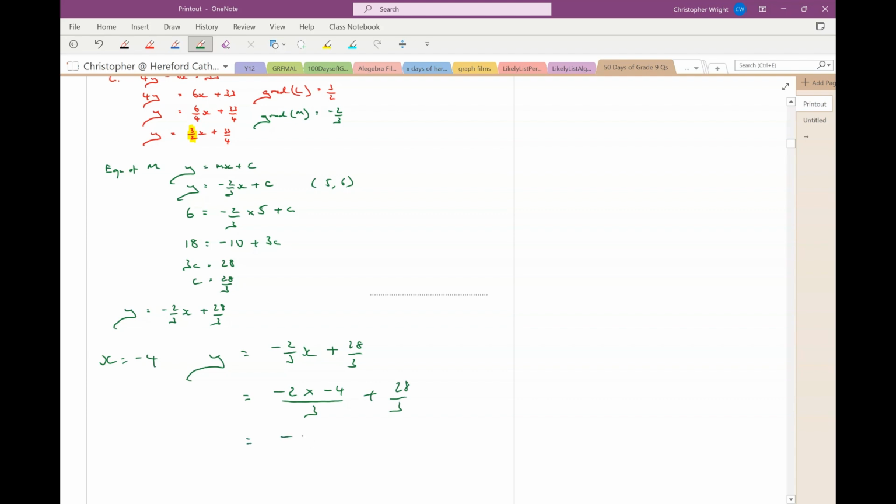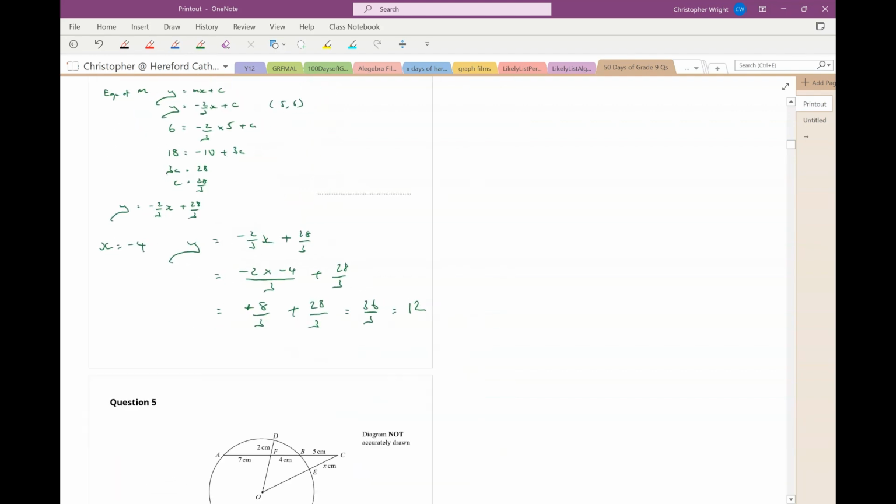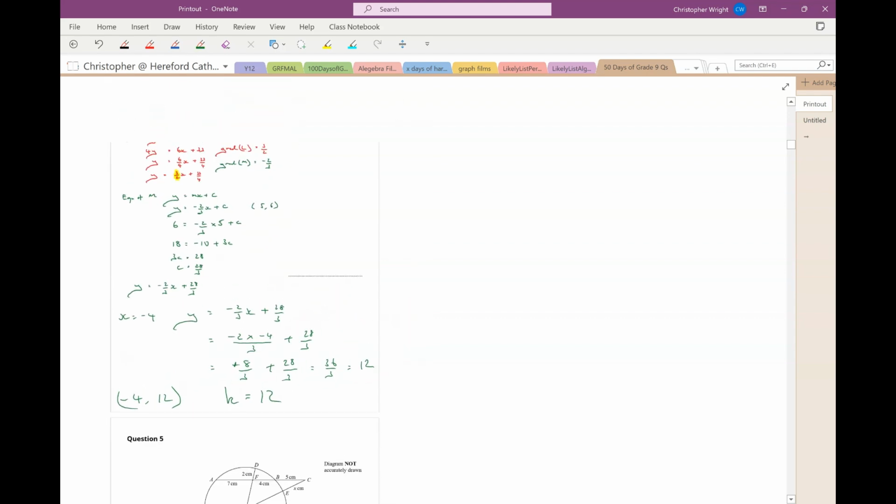Minus 2 times minus 4 is plus 8, so it's 8 over 3 plus 28 over 3. So it's 36 over 3. It's 12. So when x is minus 4, y is 12. And to answer the question, k equals 12.